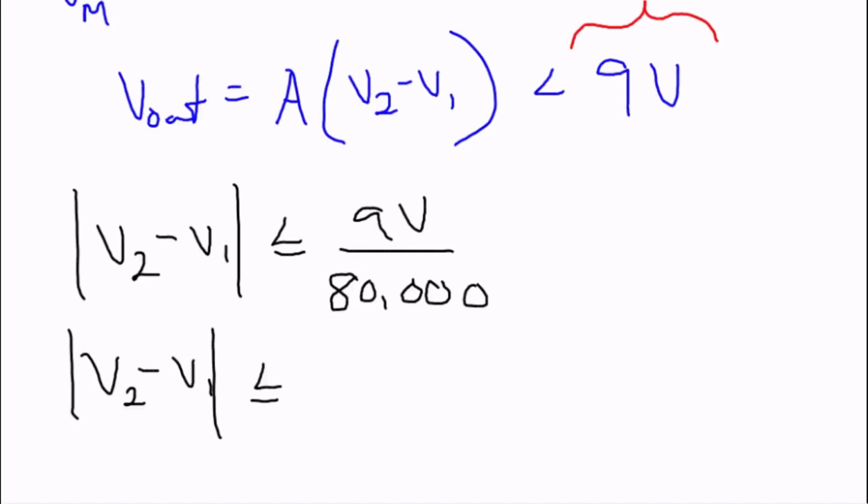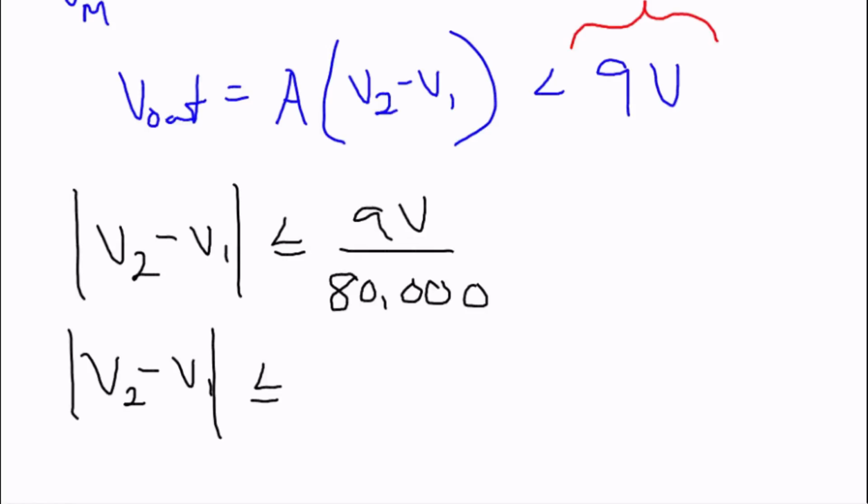where is my calculator? Let's do it together. Check me here, guys. 9 divided by 80,000, and we get 112.5 microvolts.